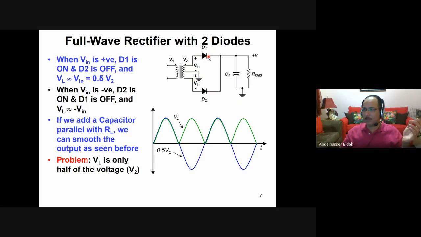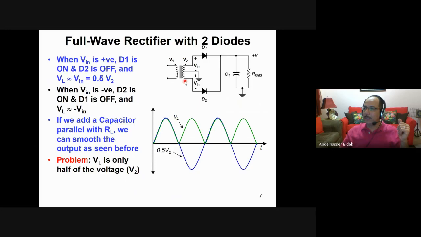The current will continue in this direction, move through the resistor, and also charge the capacitor.